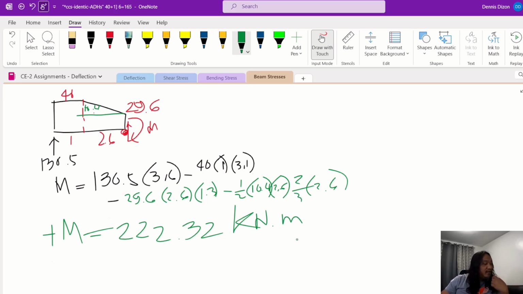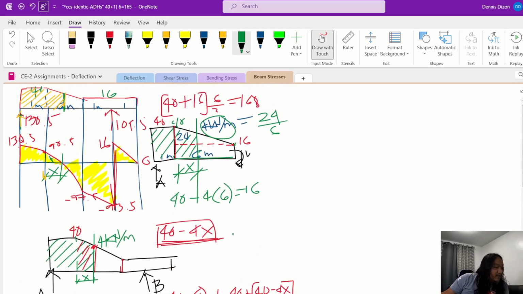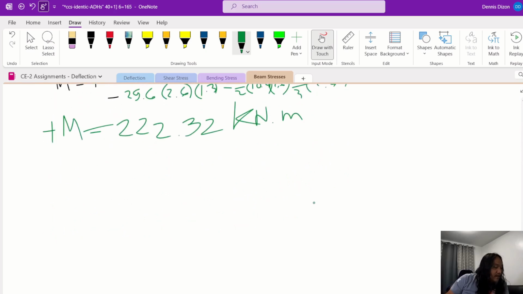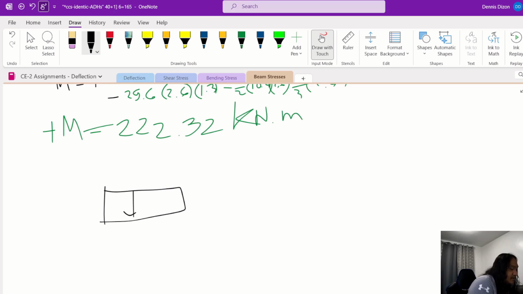Now to get the negative moment right here, if you cut section at the cantilevered portion, this is your cantilevered portion, right? So this is 16 kilonewton per meter. This is 1 meter.